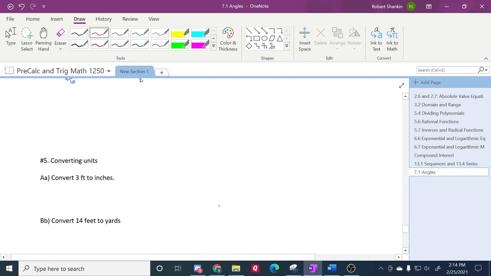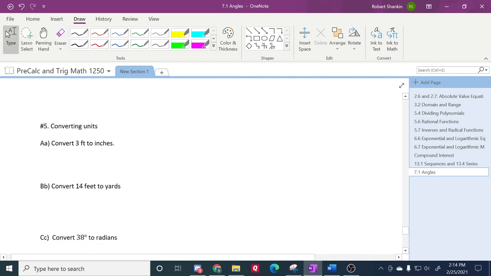And now, we've got the last thing to do really quick here, converting units. And let me show you, to convert 3 feet to inches, what we do is we multiply by a conversion factor. We say, what unit do I want to get rid of? Feet.